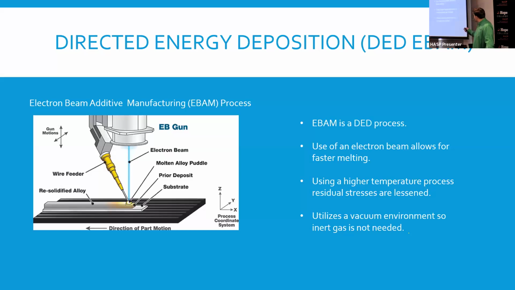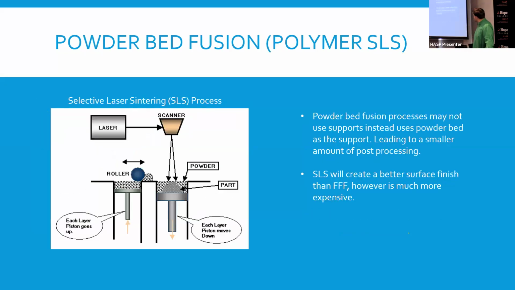So now that we know a little bit about DED, I'm going to switch it up on you because DED is mainly made for metals. This is going to be powder bed fusion for polymer, SLS. The reason I want to bring this up is because you're using the same powder that you would in a possible DED solution.